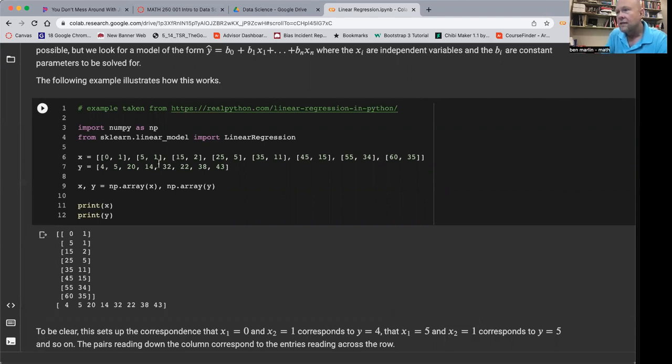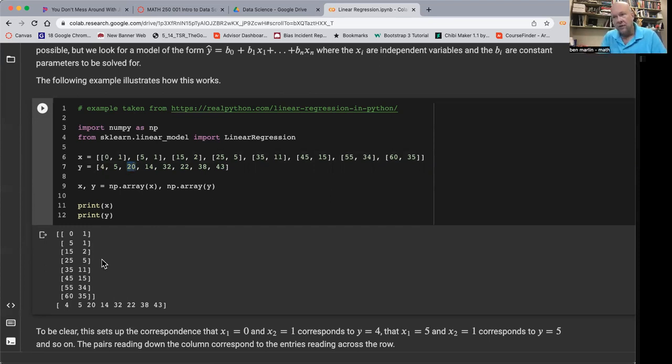So in this case, x1 is 0, x2 is 1, and those are associated with the y value of 4. 5,1 is associated with the 5. 15,2 is associated with the 20. Get the idea? Each pair that you've got there for the x's determines exactly 1 for the y's.